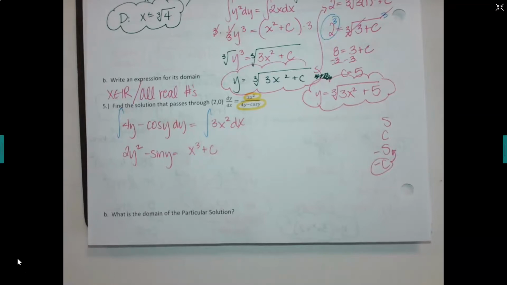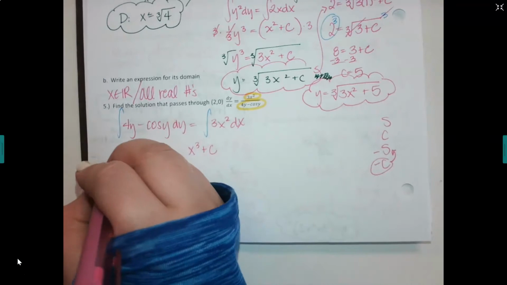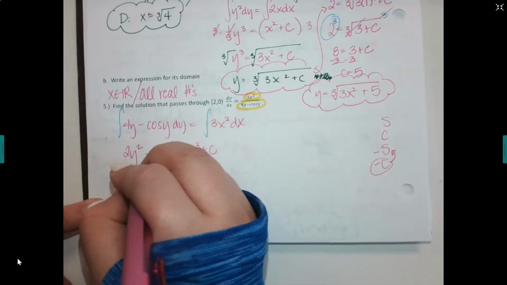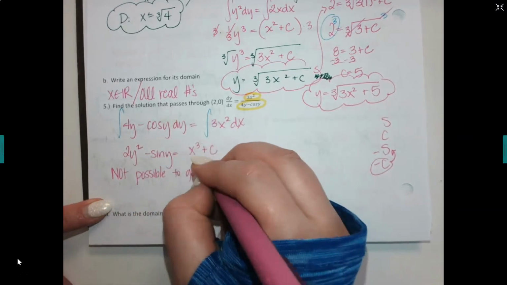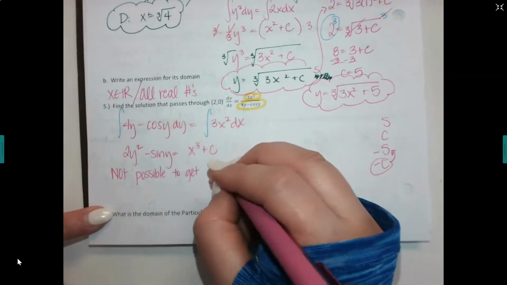Most of the time, you can solve this. But if this is your equation, can you get y by itself if one of the y's is in a sine and the other one's squared? No. So for this, it is not possible to get y equals form.